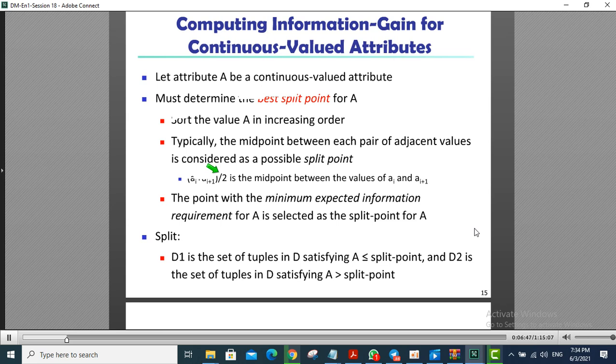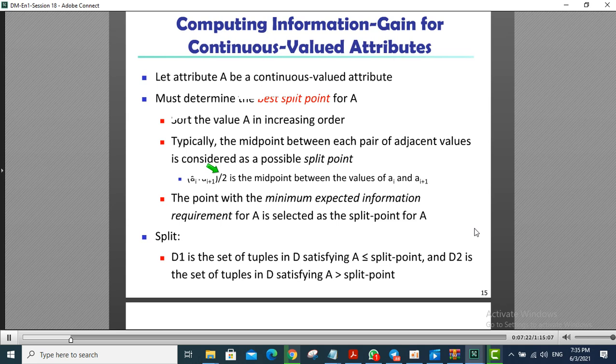Then in the space between each pair of adjacent values, I select a split point. It's a possible split point. I can choose those points, maybe yes, maybe no.